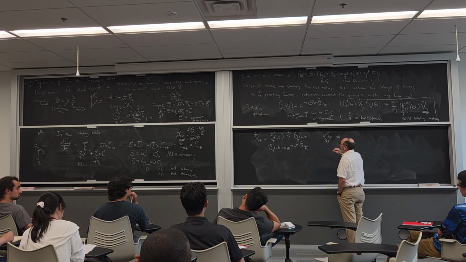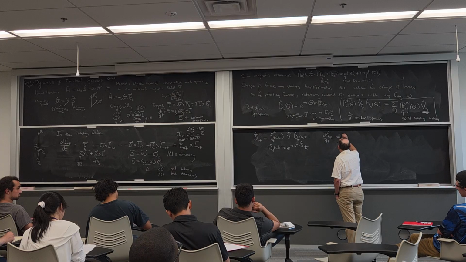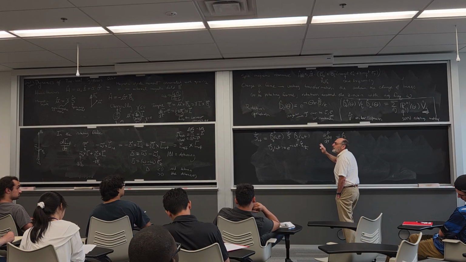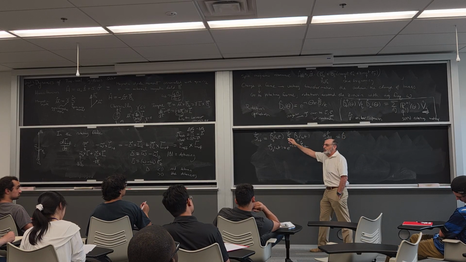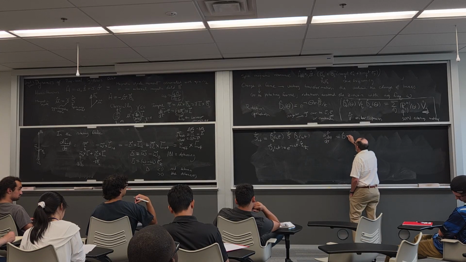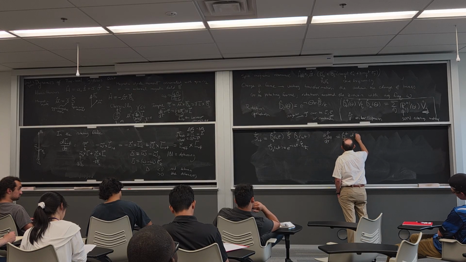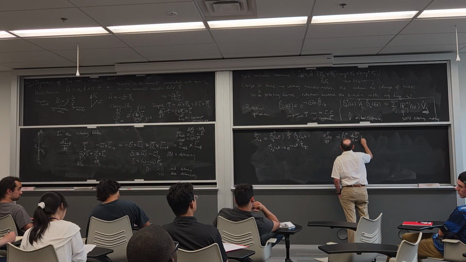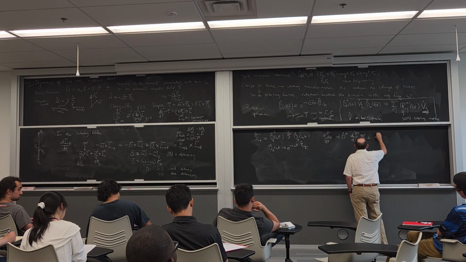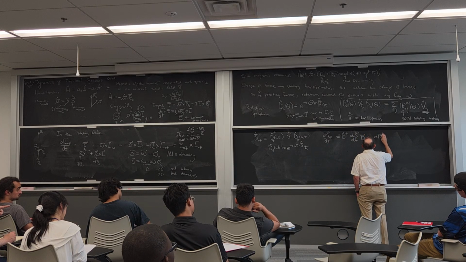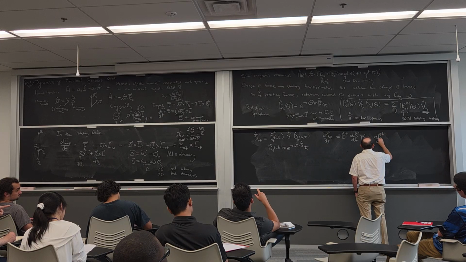Well, that's going to be, and I'll just simplify and call it D. I'm not going to put all the daggers on it. And this is going to be equal to this plus this plus this.